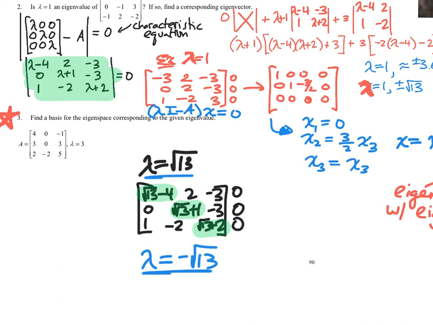So radical 13 minus 4 converts automatically to decimal form. Radical 13 plus 1, same deal. Radical 13 plus 2.